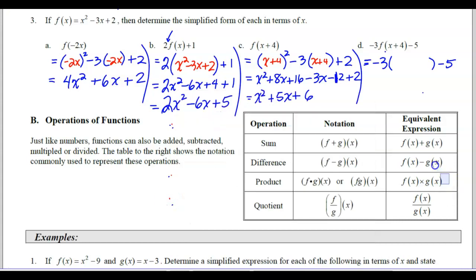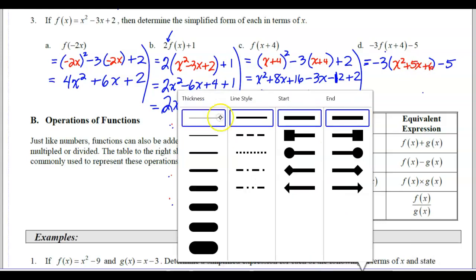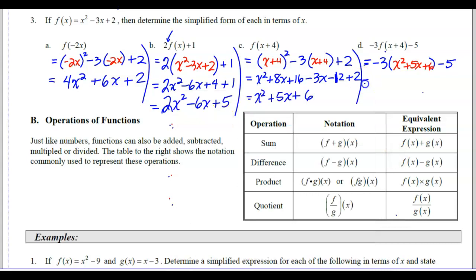So then here would be x squared plus 5x plus 6. And then that's going to be negative 3x squared minus 15x minus 18, and then minus 5.